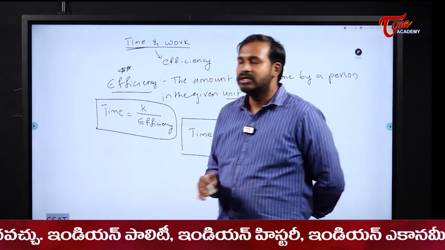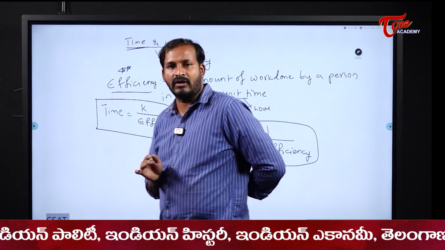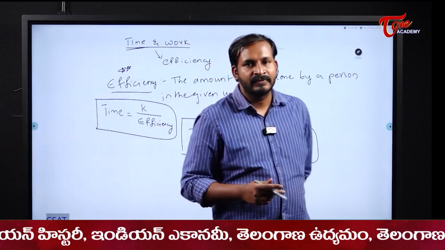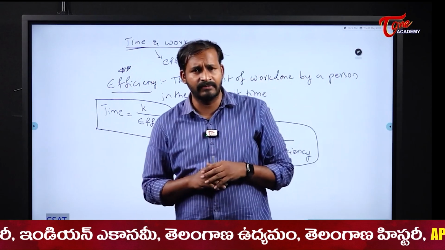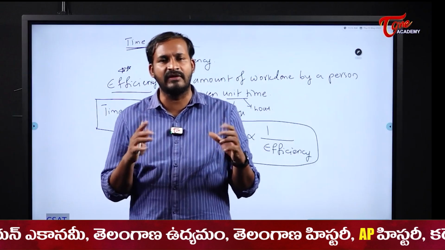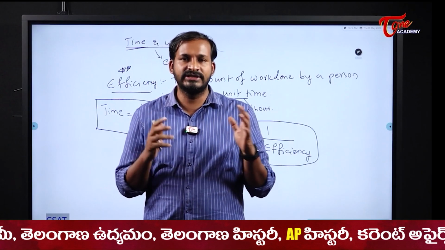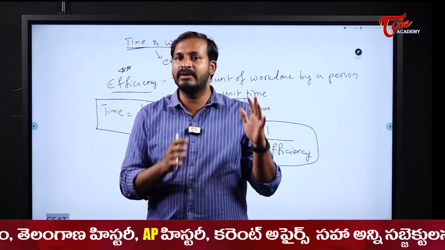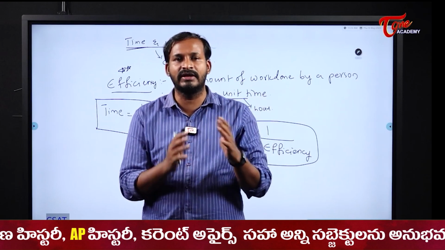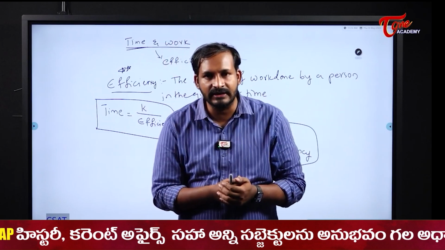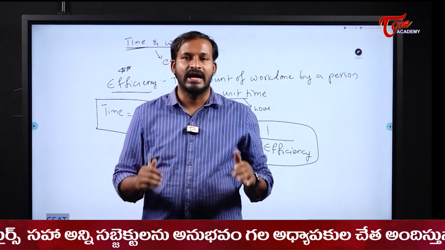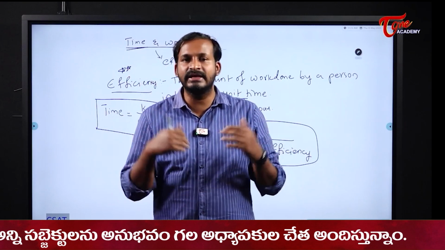Now see here in this entire time and work concept, students, what will be the constant thing? For example, if you want to compare the efficiency of two persons, what is the first thing you will do? Will you give them the same work or a different work? Definitely we should assign them the same or a similar work, and only then can I start comparing their efficiencies.